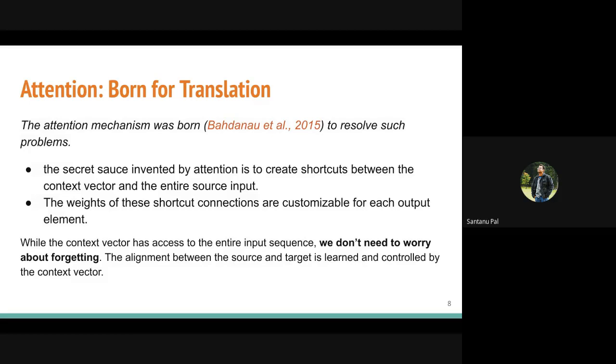So there is no possibility to forget the beginning of the sentence, as we saw in the last slide, where at the end there is some possibility to forget the information at the beginning of the sentence. It is actually providing the alignment between source and target, and it is learned and controlled by the context vector.